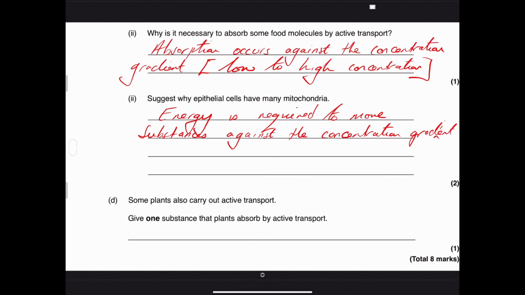So you need to state that you need the energy because you are moving substances against the concentration gradient, and this energy comes from respiration.